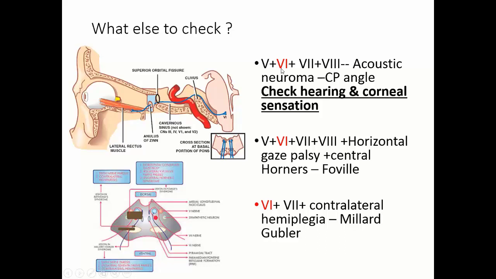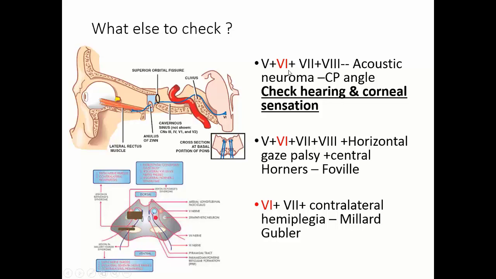Right, when you have a 6th nerve palsy, you have to look for all the cranial nerve involvement, but if you see 5, 6, 7 and 8, then this could be 2 things mainly. One is a CP angle tumor, where you get the 5th, 7th and 8th also involved.